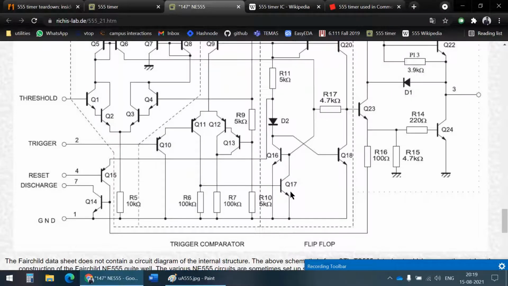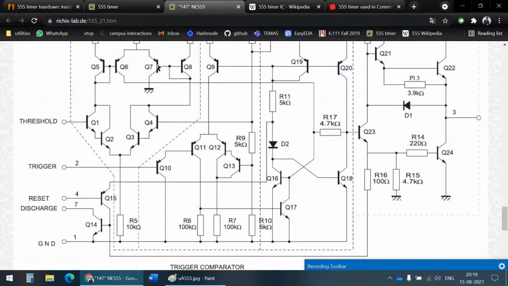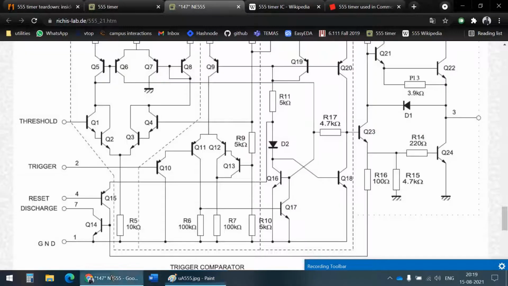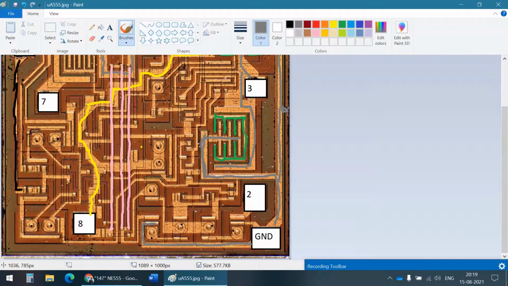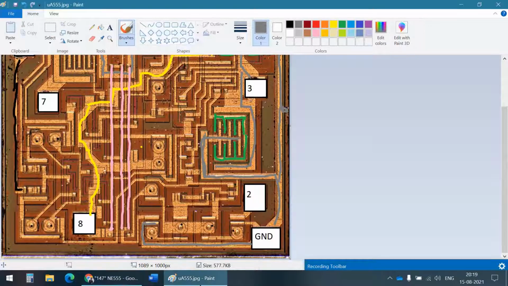But these are NPN transistors. This is a PNP, so it's probably this. Well, this is a PNP, right? Now this circuit diagram doesn't have to directly represent this die image. It's not the circuit diagram of this die image, so let's not stick with that.